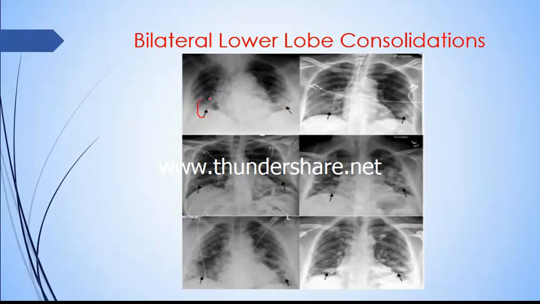Bacterial pneumonia is only on one side or in one lobe, while in COVID-19 it is in both lungs. So you can easily differentiate it from bacterial pneumonia. You can see the bilateral lower lobe consolidation in all of these pictures.